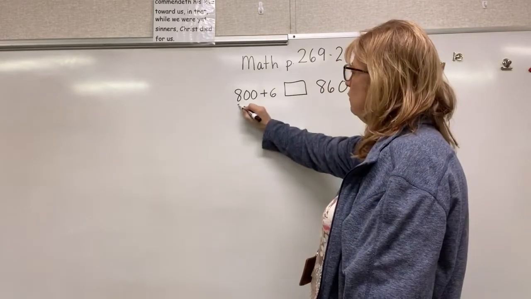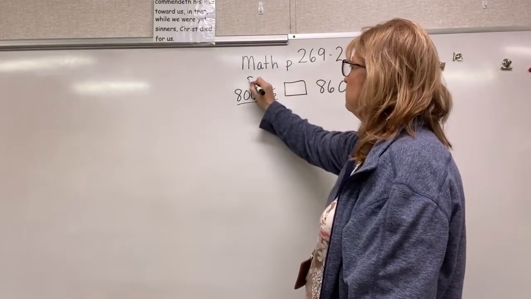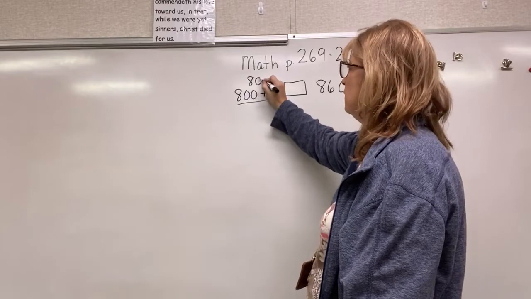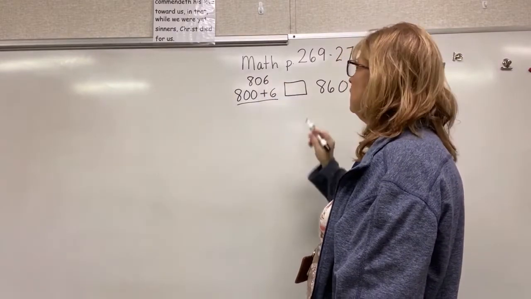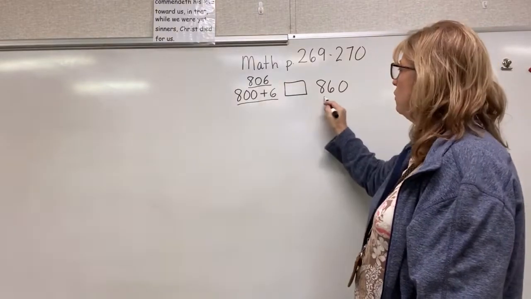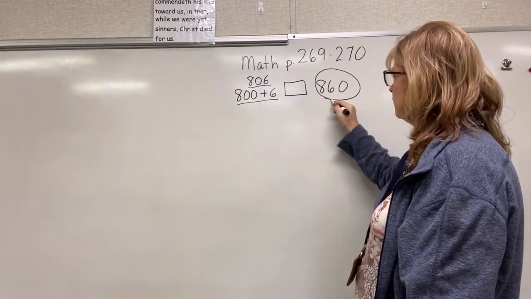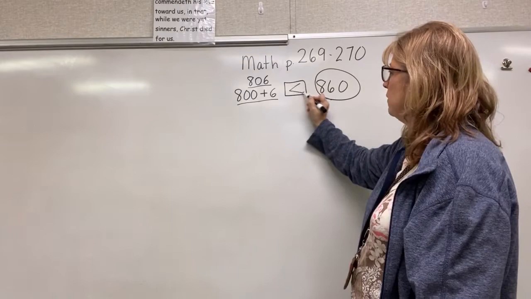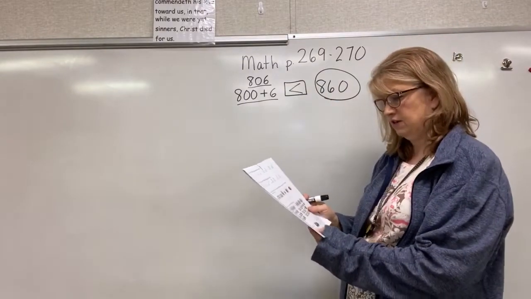Now, we know that 800 plus 6 really stands for what? 806. Now, which one is bigger? 806 or 860? 860 is bigger, so you would make the alligator mouth eat the 860.